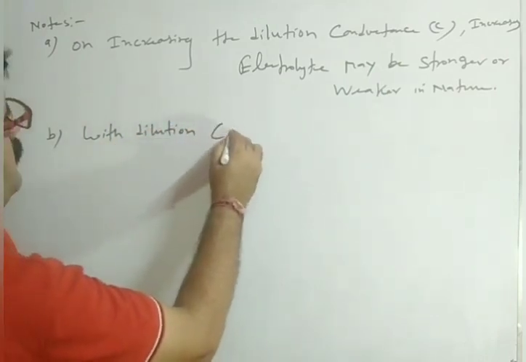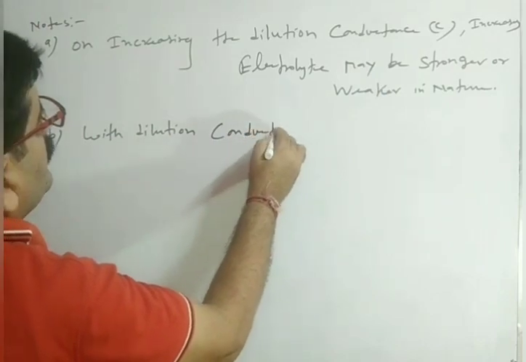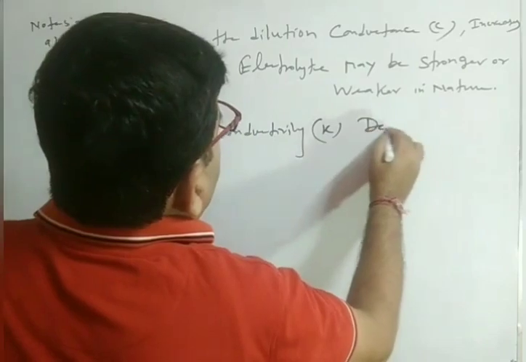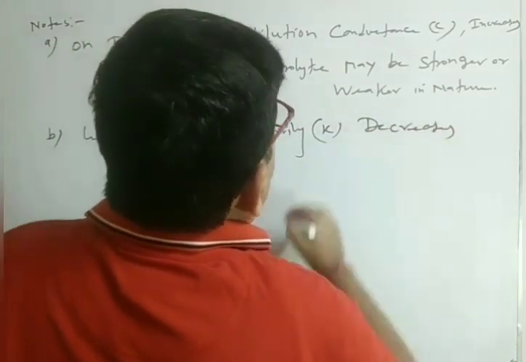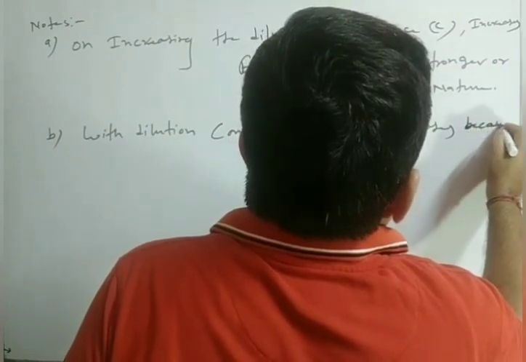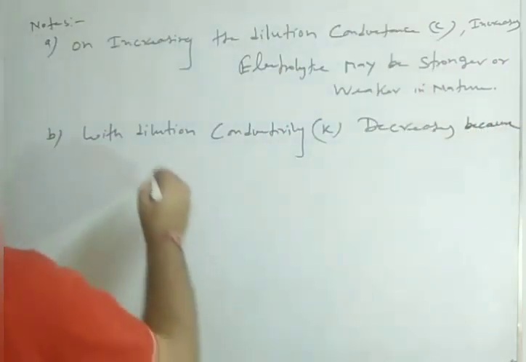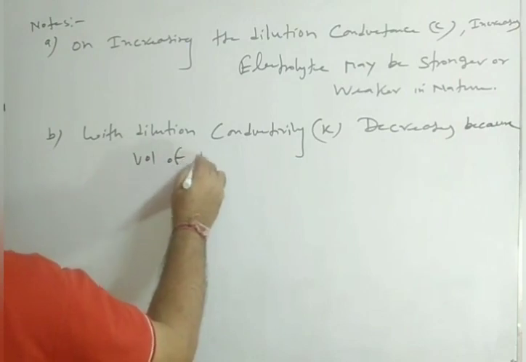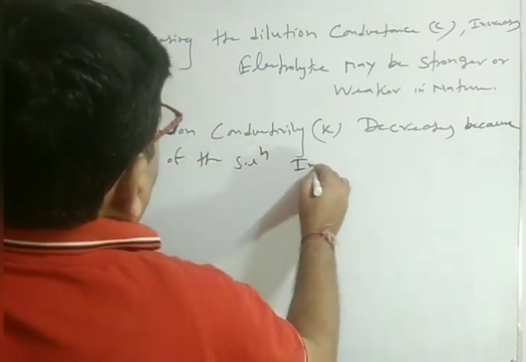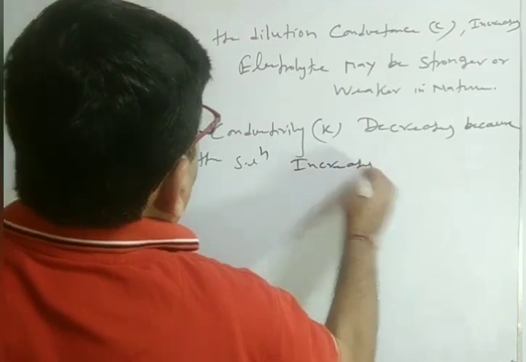Point number B. With dilution, conductivity K decreases because the volume of the solution increases.